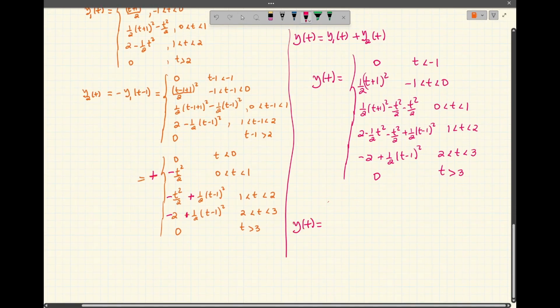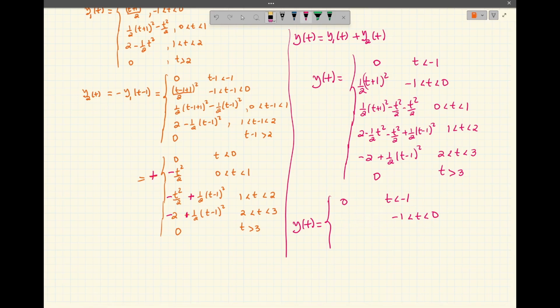Okay, so 0 when t is less than -1. So this is half t square plus t plus 1 when -1 less than t less than 0. And if you like, we could just keep it like that.